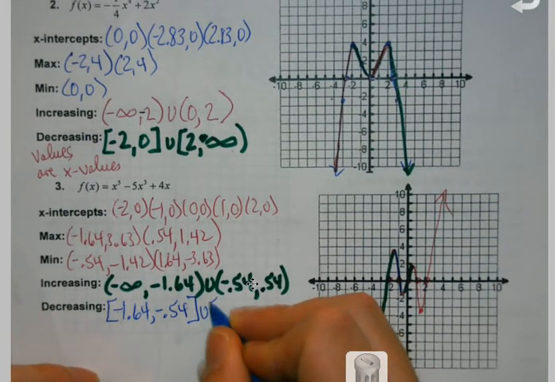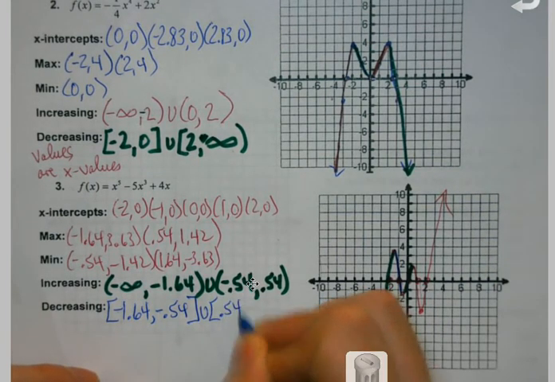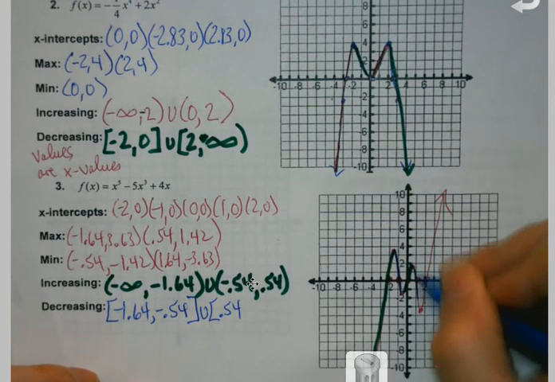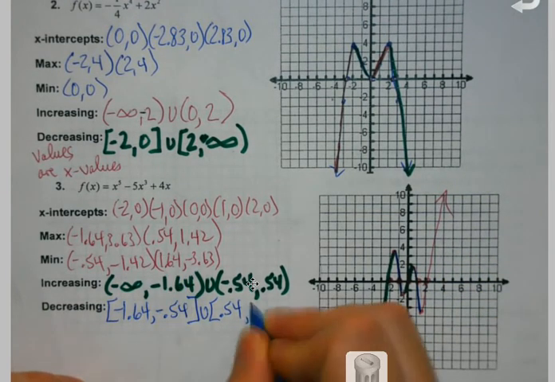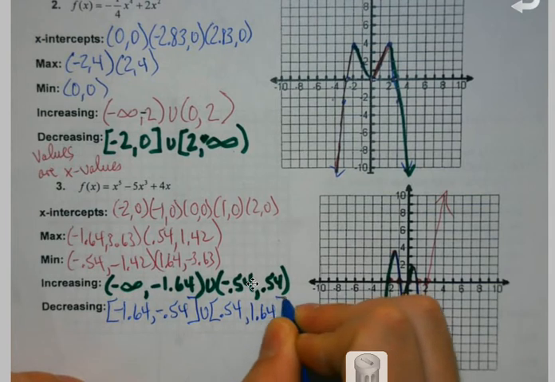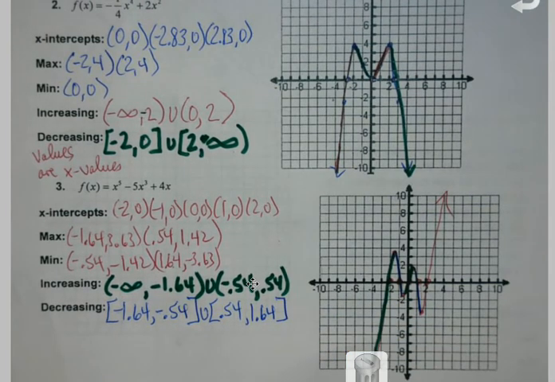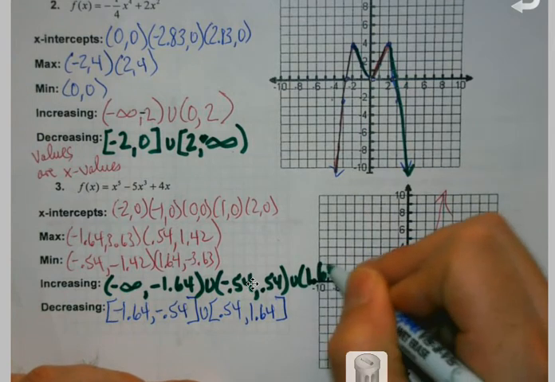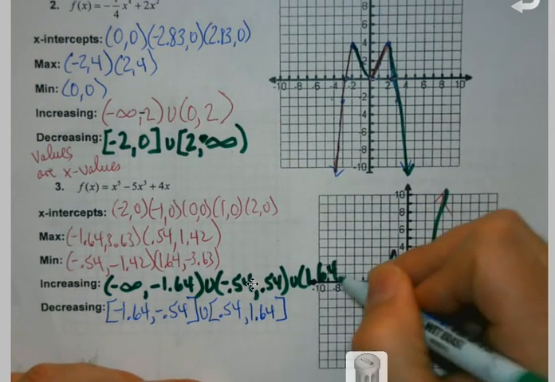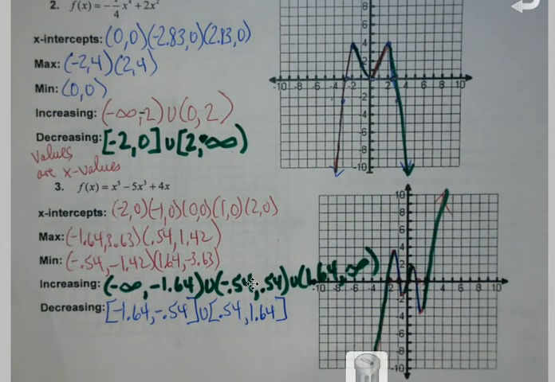Holy cow. So I start at 0.54 till I get to my second min at 1.64. Lock that up. And finally, I start at that 1.64 and go up and up and up forever and ever and ever.